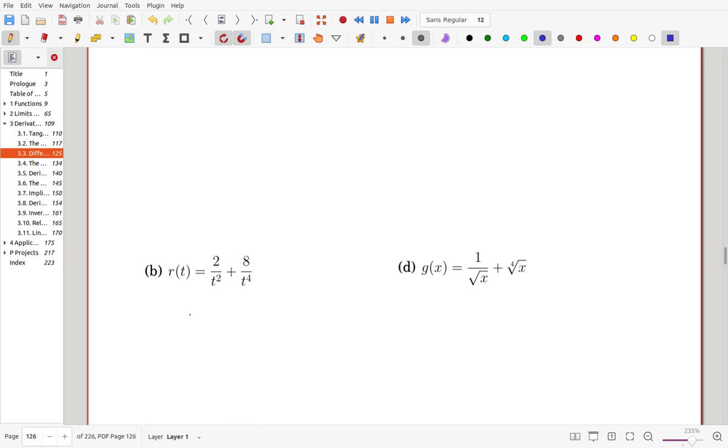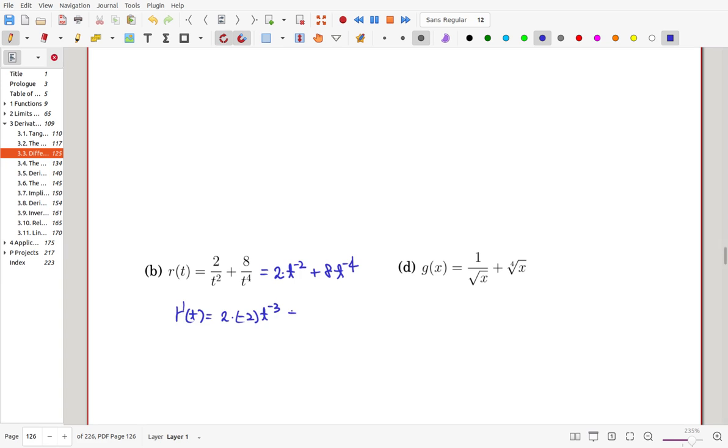Now for this function, you can rewrite it in this way. It is 2 times, okay, 1 over t squared is the same as t to the minus 2, and 8 times, okay, 1 over t to the 4 is t to the minus 4. So we can use the power rule. R prime of t is the same as, 2 is a constant, and minus 2 will come out, and t to the minus 2 minus 1 is minus 3.